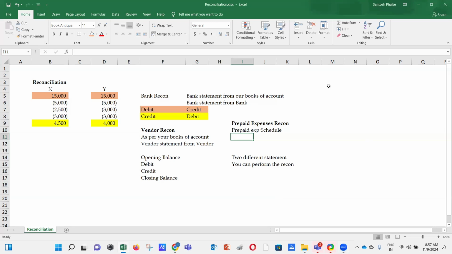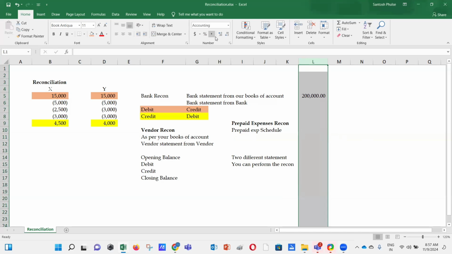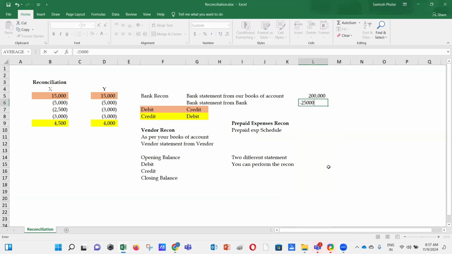Say our books of account balance for the receivables is 2 lakh, which is our receivable from our customer. And if the customer is saying only 1,75,000 is payable, and we identified that a 25,000 rupees invoice is not recorded by the customer, that's the reason his balance is 1,75,000.